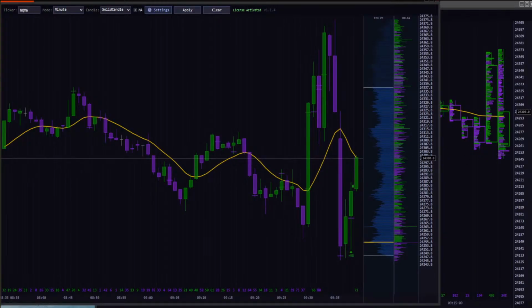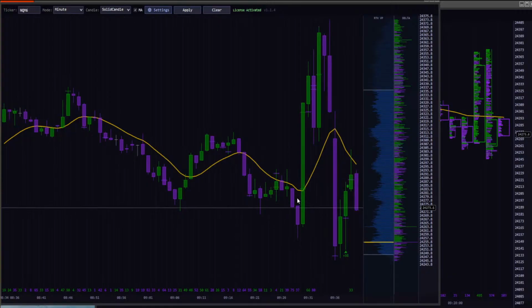Like I say, it's probably best just to sit on your hands and wait. That was a sell and bounce on the green, so they got absorbed a little bit right there.